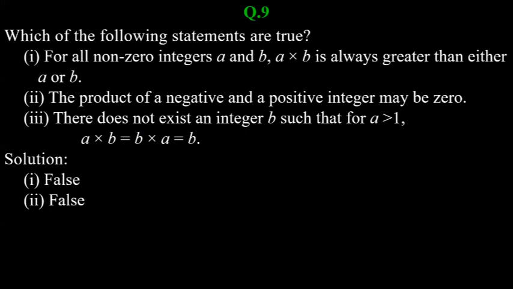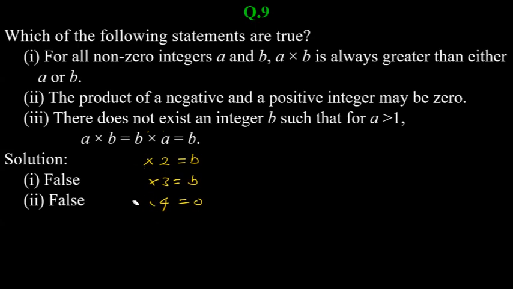The only possibility is that A is greater than 1, so A can be 2, 3, 4. It is an integer and A is greater than 1. And if you multiply it with something, say B, it should be equal to B. It is never possible unless B itself is 0.